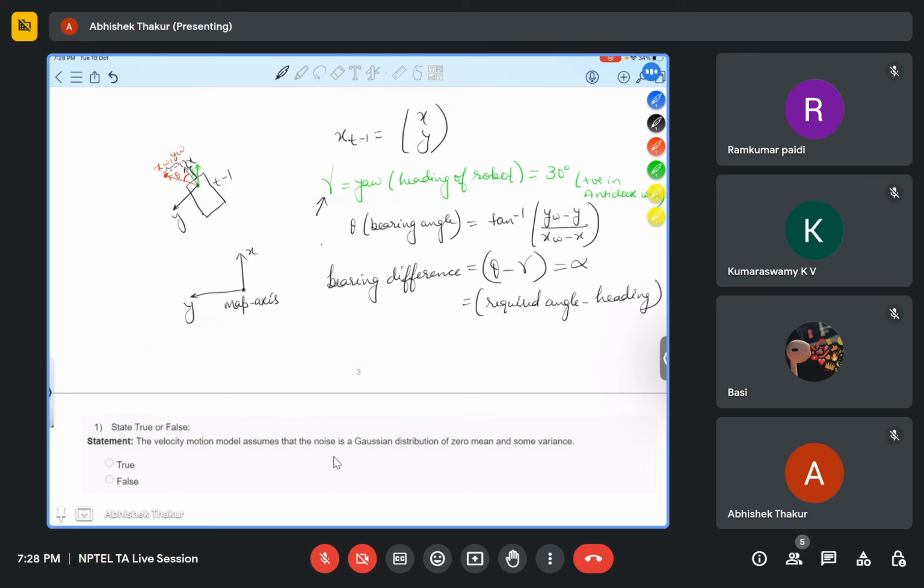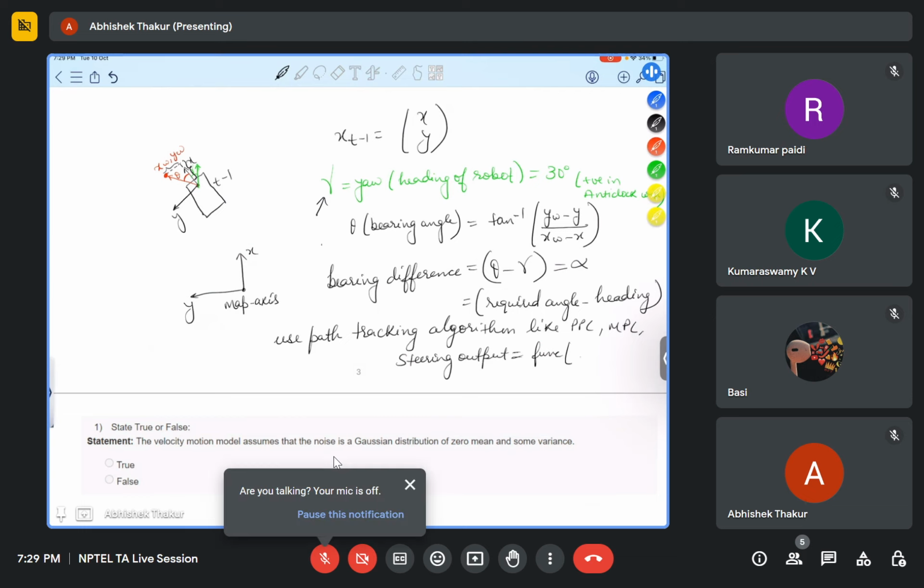And now we can use any of the path tracking algorithms, like PPC, pure pursuit control, or MPC, model predictive control. You substitute the value of alpha and get the steering output. The steering output is a function of alpha.